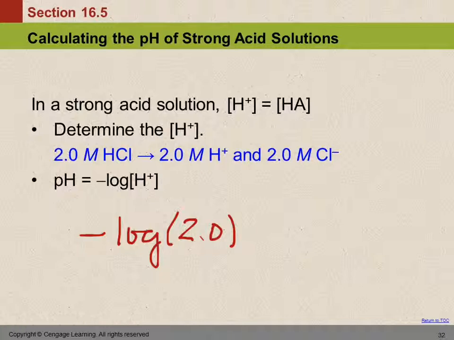So if we take the log of 2, and change the sign, we get a pH of negative 0.30. And that seems like it's off the pH scale, but it is possible to have some negative pHs. We won't do those on exams, though.